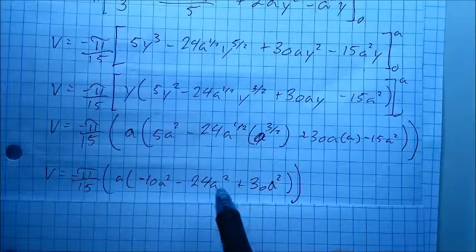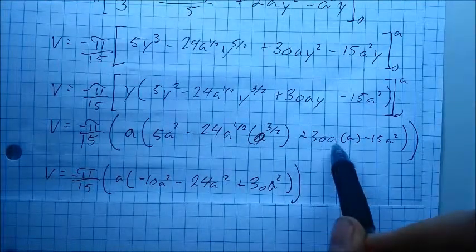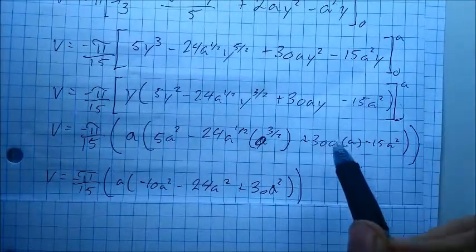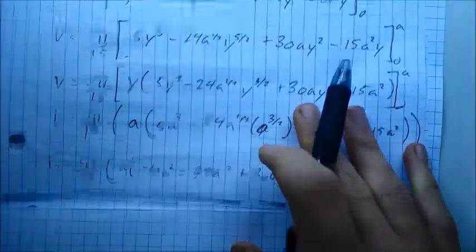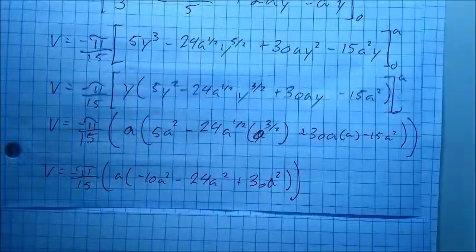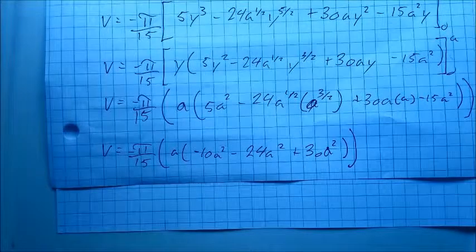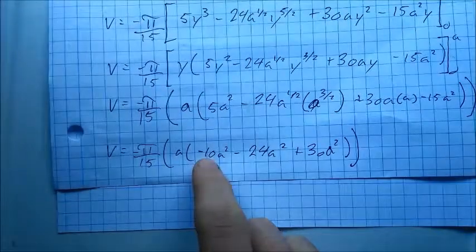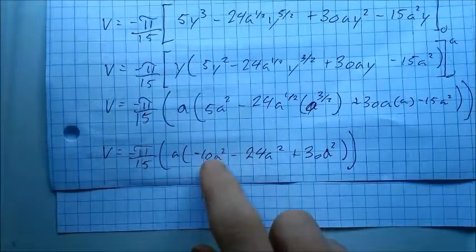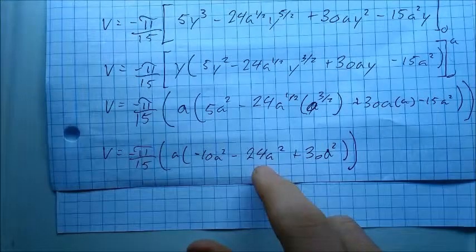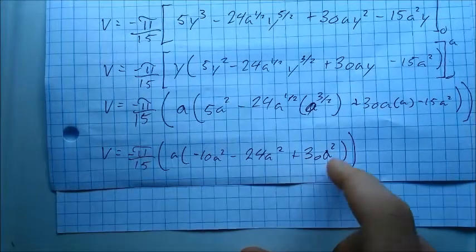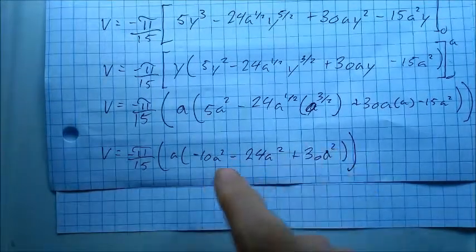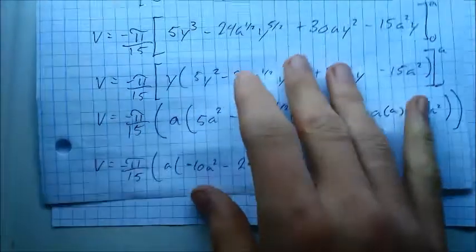So this becomes negative 24a squared, and a times a makes a squared, so plus 30a squared here. If I combine all of my like terms, I have a negative 10a squared, a negative 24a squared, so that's a negative 34a squared plus positive 30a squared. That leaves me with a negative 4a squared inside these parentheses.